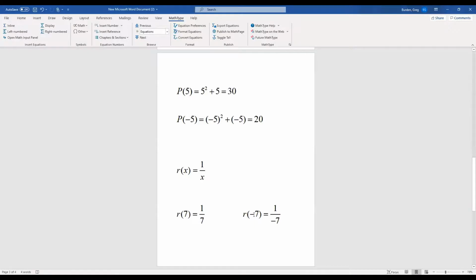R of negative 7 is 1 over negative 7. That's what the function is. It's just a reciprocal, 1 divided by the input, negative 7 in this case. Well, positive divided by negative is negative, so that of course is the same thing as negative 1/7.